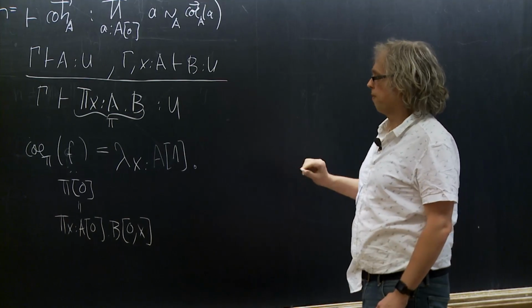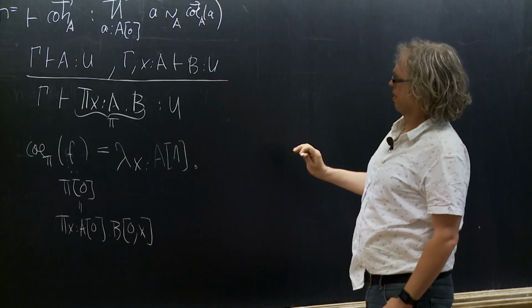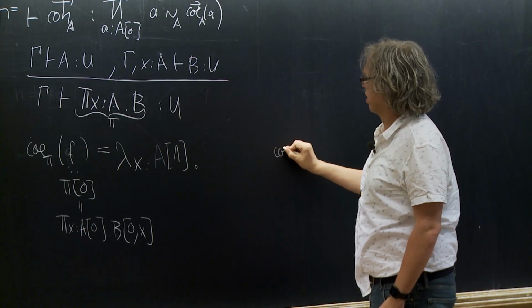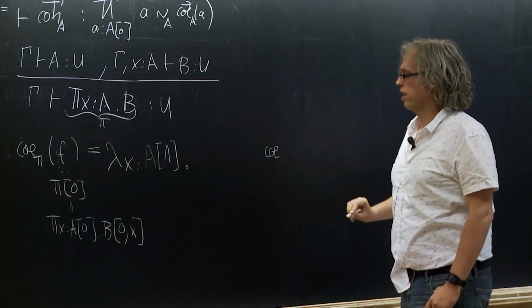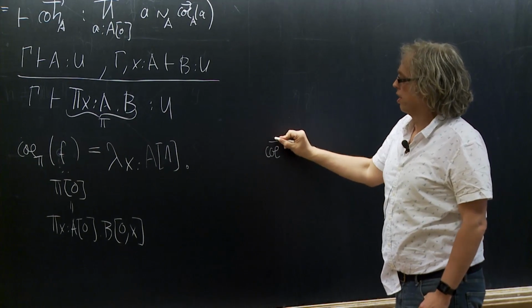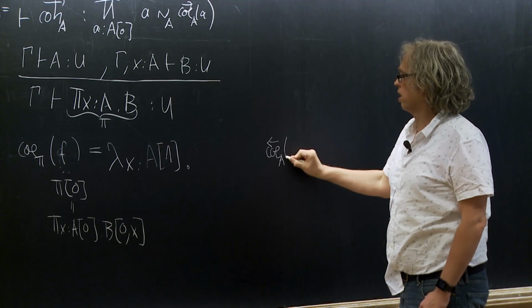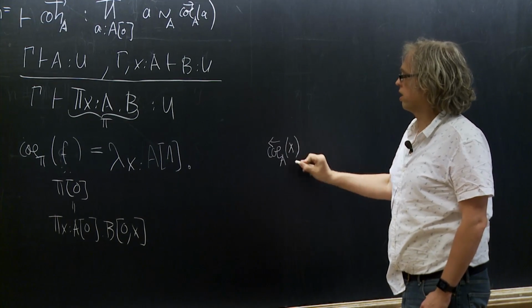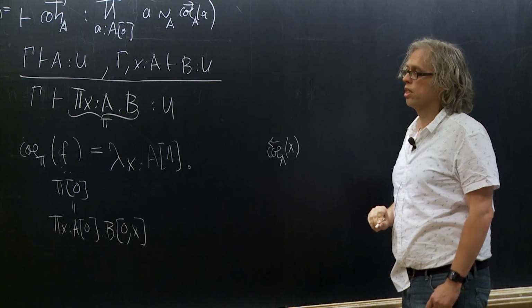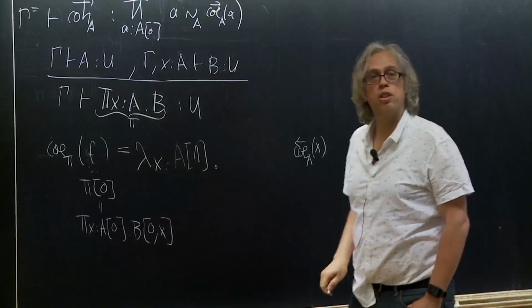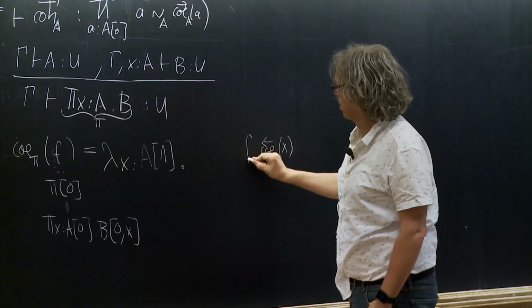So how do I do this? First of all, I'm going to use the coerce in the other direction of type A for x to get something in A0, which I can feed into my function f.